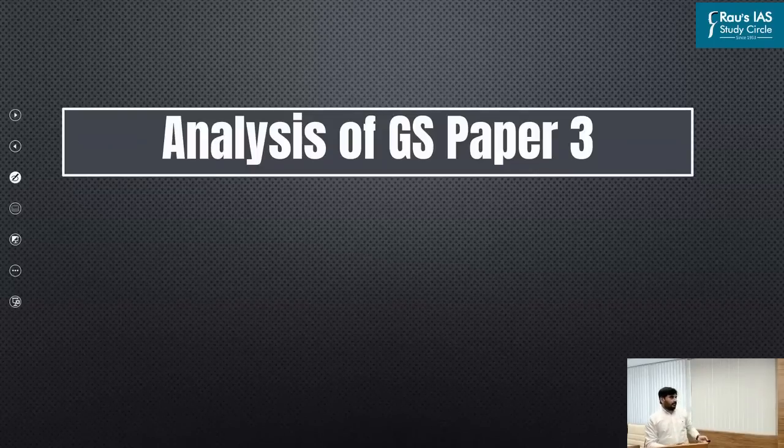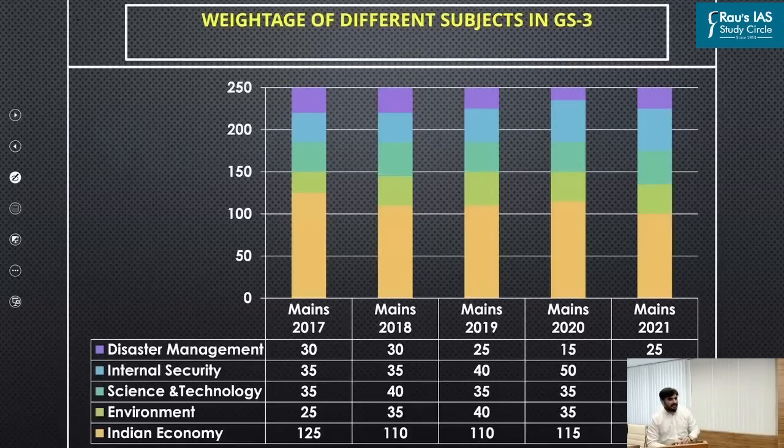Here, as you can see, this is a chart which shows the relative weightage of different subjects in GS paper 3. As you know, in GS paper 3, you have different subjects such as Indian economy, environment, science and technology, internal security, and disaster management. If you look at the Indian economy, in the last 4 year mains examination, that is from mains 2017 to mains 2020, on an average, almost around 100 to 110 marks have been asked from Indian economy.